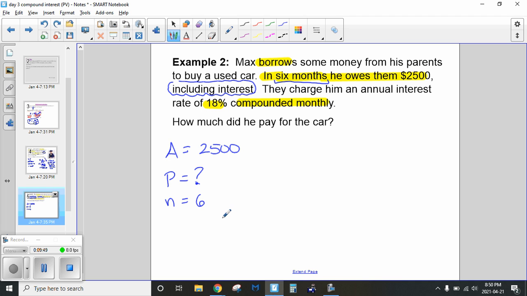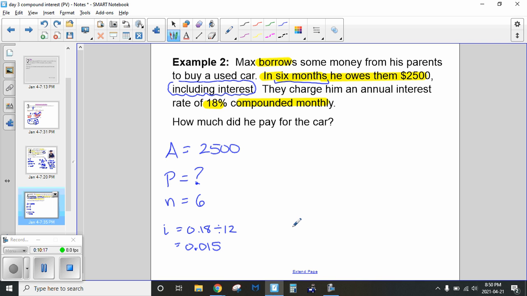So monthly for 6 months, 6 compounding periods. And for the interest rate, 18% written as a decimal, but that's actually going to be split into monthly chunks. So we'll divide it by 12, and that becomes 0.015 or 1.5% each month.